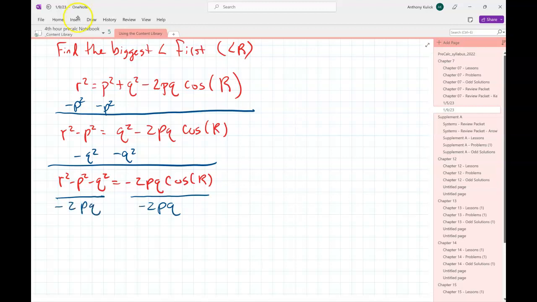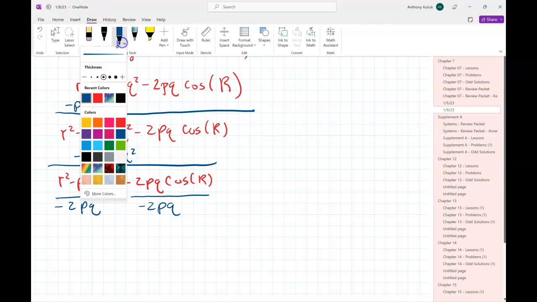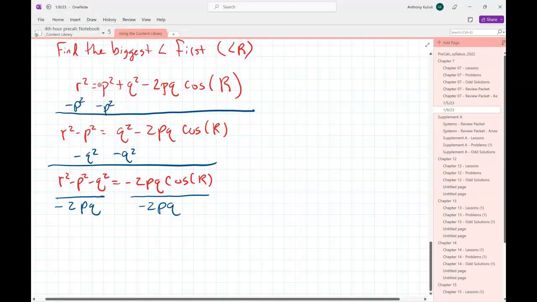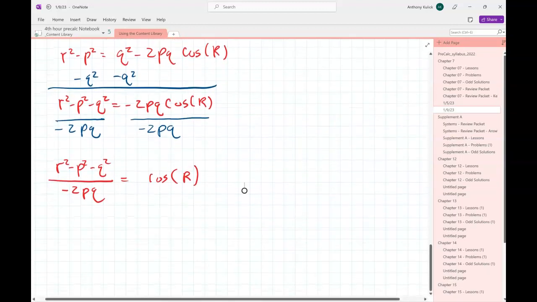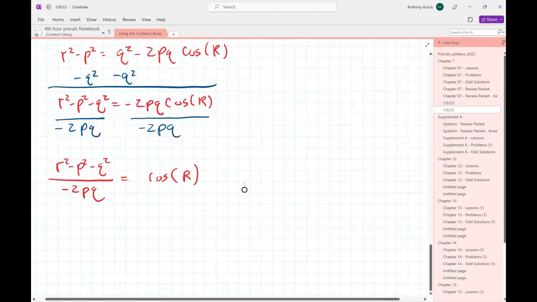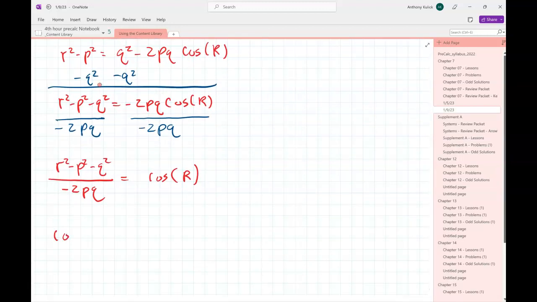Excellent. And then how do I get rid of that cosine in front of the R? Cosine inverse to both sides. Excellent.